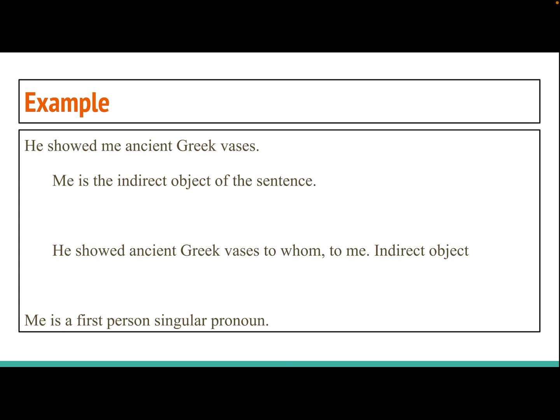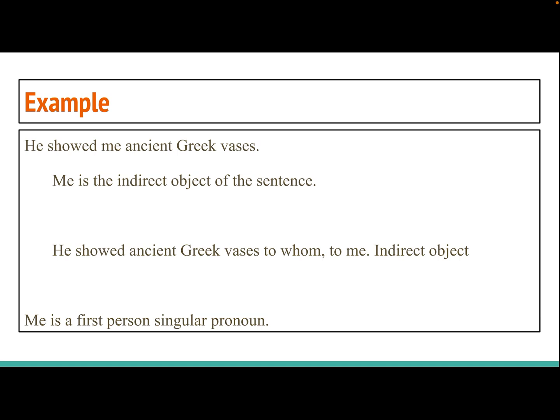He showed me ancient Greek vases. The first thing that we need to do is find the pronoun. Now, there are two pronouns in this sentence, as you can see. He is a pronoun, and so is me. We're talking about pronouns as the indirect object, the direct object, and the object of a preposition.